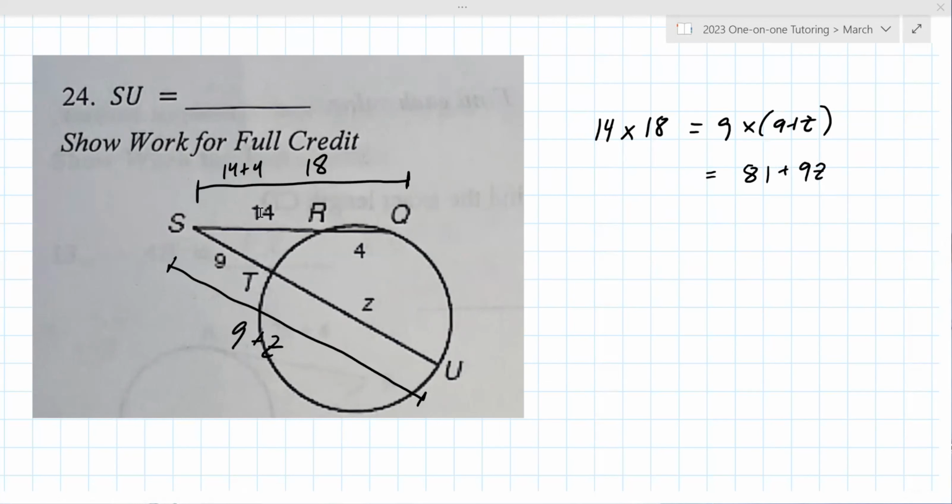I think they call it the tangent, but I prefer part because it's the first segment of it. And then that's 9 plus z in the parentheses.